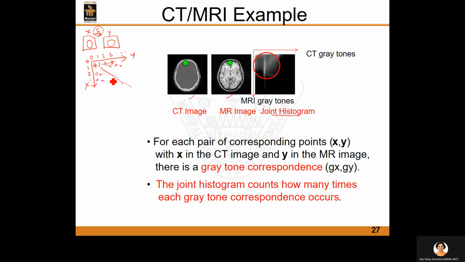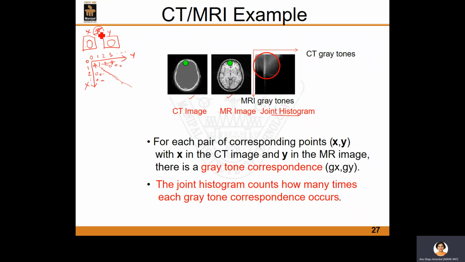Okay, so if you have a very small transformation, let's say the transformation I'm assuming is some kind of rotation. If it is a rotation by a small degree, you'll have fewer non-zero values deviated from the diagonal.